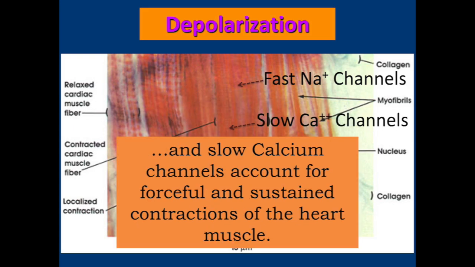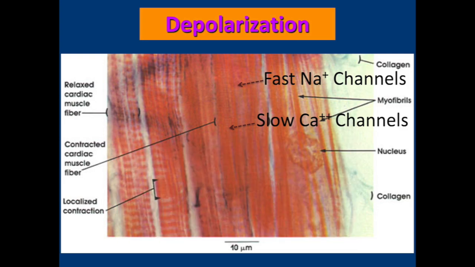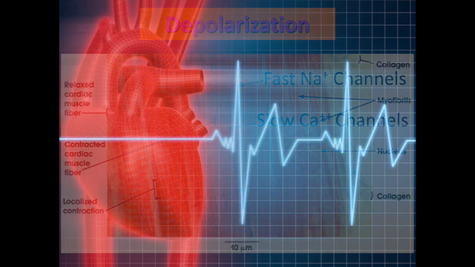And we also have a slow calcium channel that works simultaneously with the fast sodium channels to give a forceful and a sustained, non-rapid contraction of the heart. So that cardiac muscle is very different, as we said, from smooth and striated or skeletal muscle.